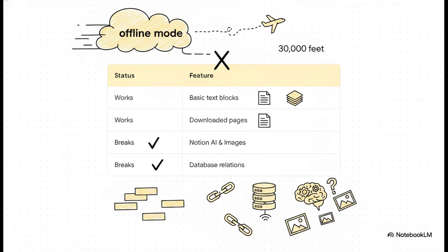Basic text blocks, pre-downloaded pages, those work great and they auto-sync when you reconnect. But complex database relations, images, button blocks, and Notion AI, yeah, those simply break without an internet connection. You're essentially working off a partial cache, so definitely don't expect your massive dashboards to run flawlessly at 30,000 feet.